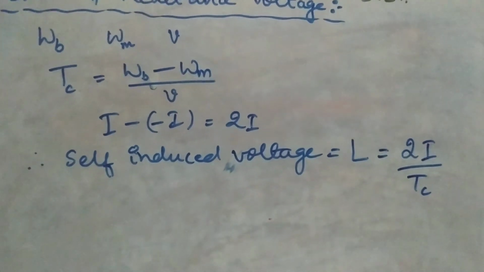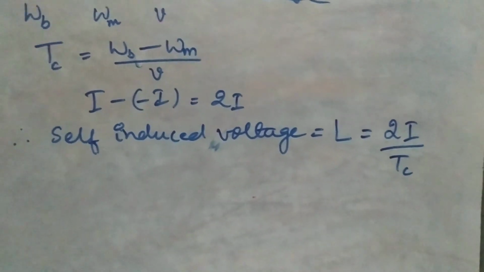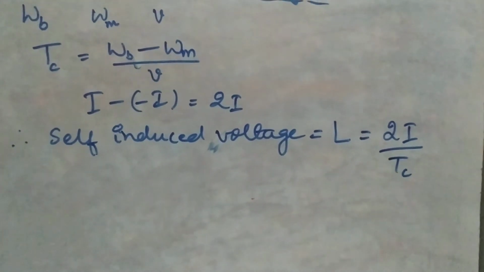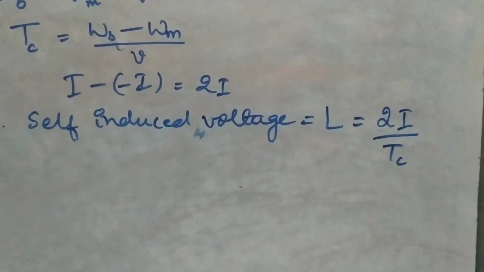Now the self-induced voltage, when you consider the sinusoidal case, will be around 1.11 times.